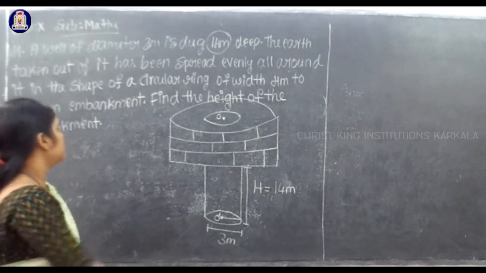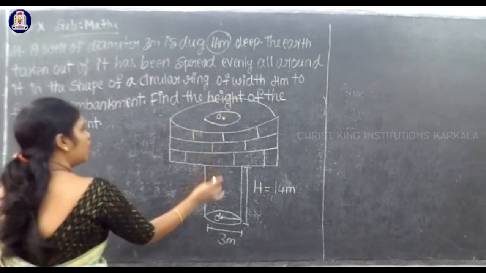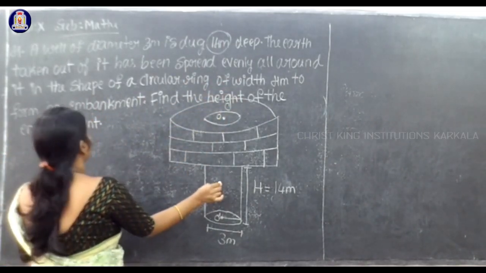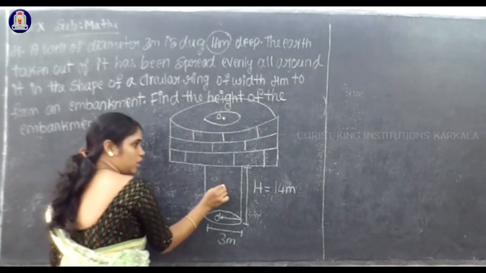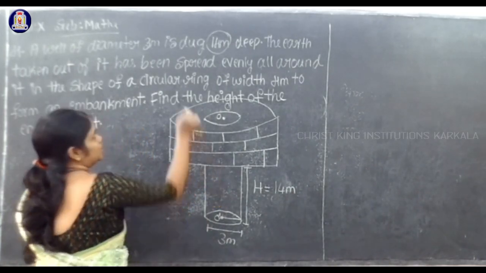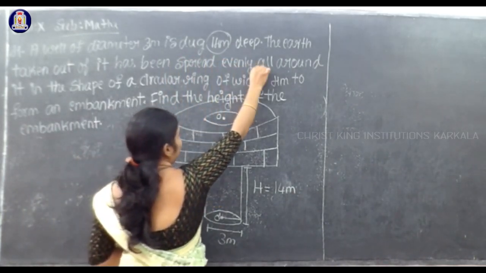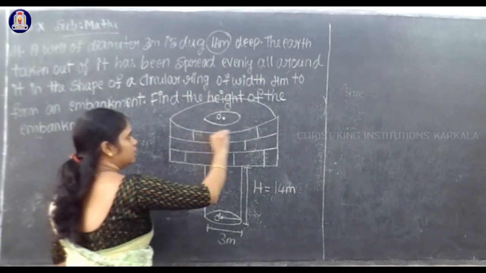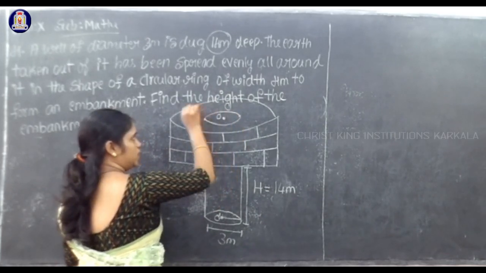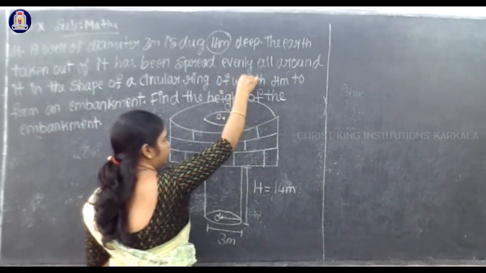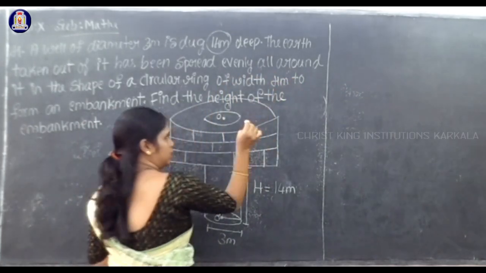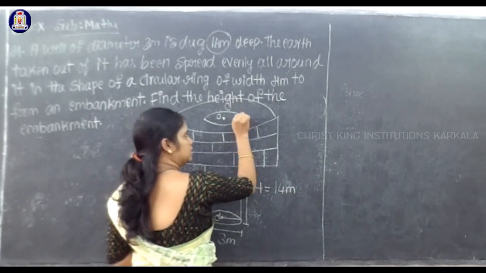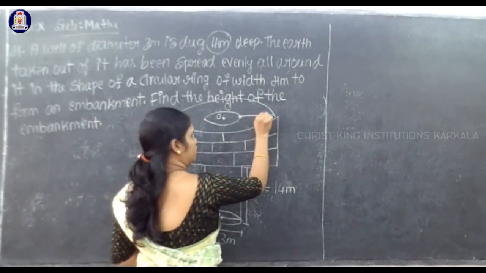Next, also given, the earth taken out from this well has been spread evenly all around it in the shape of a circular ring. You can observe here a circular ring of width 4 meter given. That means this is the width, from here to here.